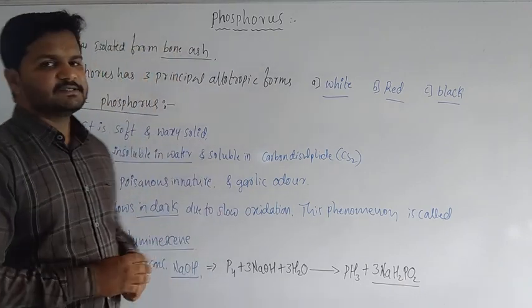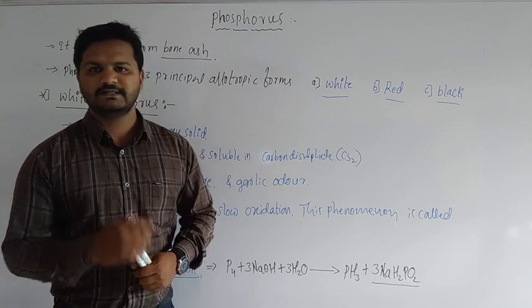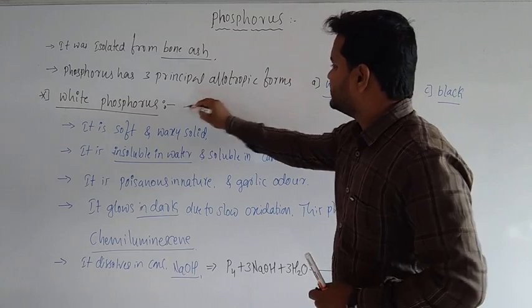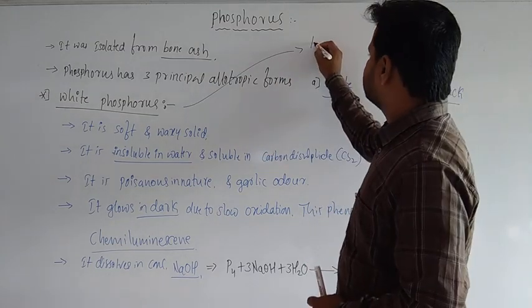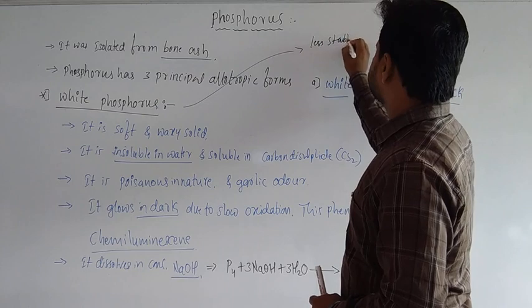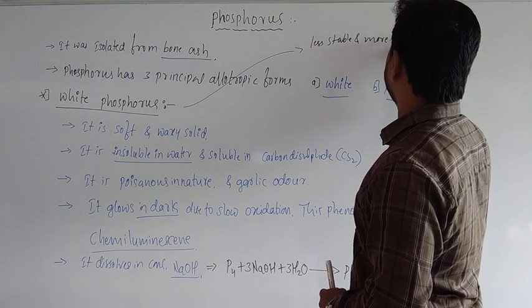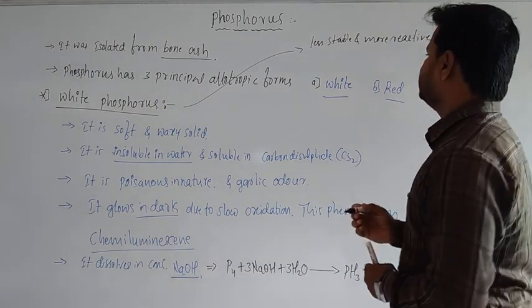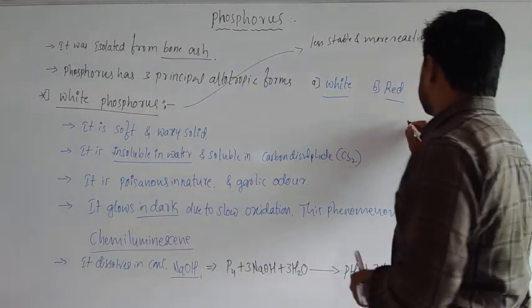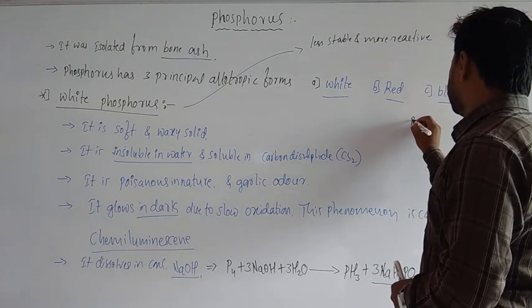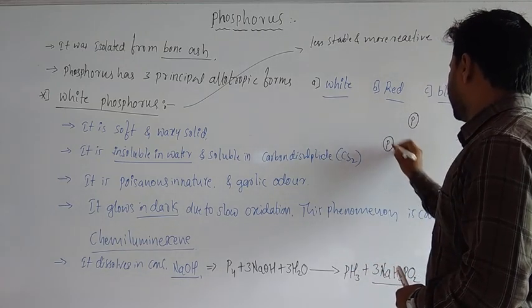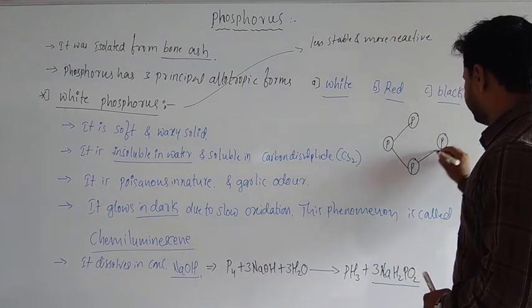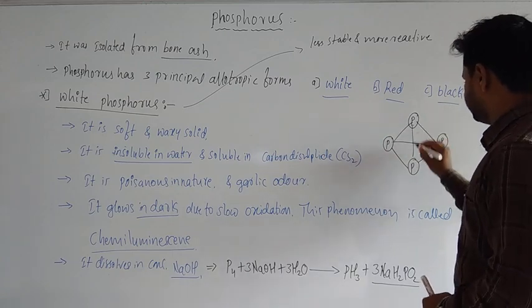And students, white phosphorus is less stable and more reactive, because it has a structure like this. The structure of white phosphorus is tetrahedral, and the angular strain is high, the bond angle being only 60 degrees.